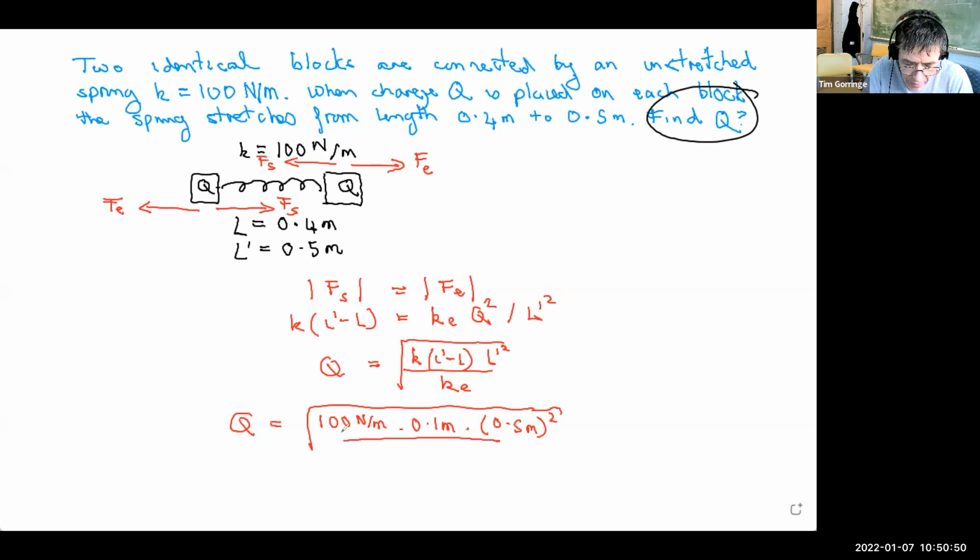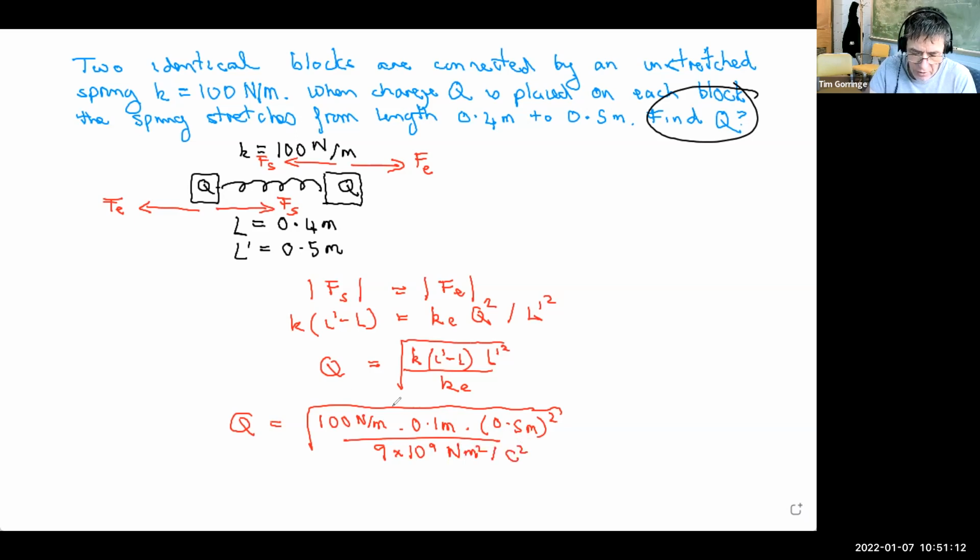And then in the denominator here, we've got the Coulomb constant. So that's 9 times 10 to the 9. And the units for that are newton meter squared divided by Coulomb squared.